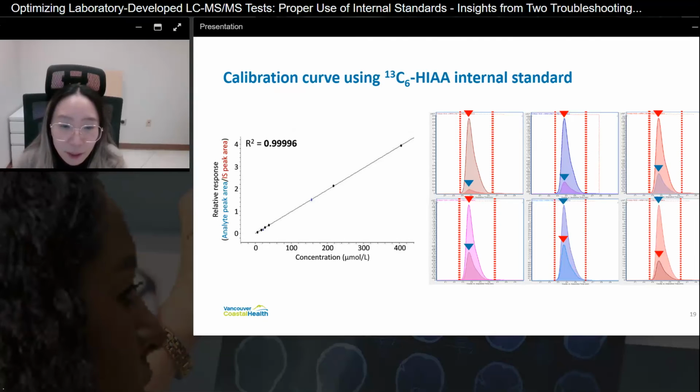So when we ran the cal curve with the carbon-13 labeled internal standard, we saw some immediate improvement. The R-square of the cal curve is now 0.99996. And if we look at the retention time of the internal standard, it matches exactly with the analyte. And the elution time window is also exactly the same.